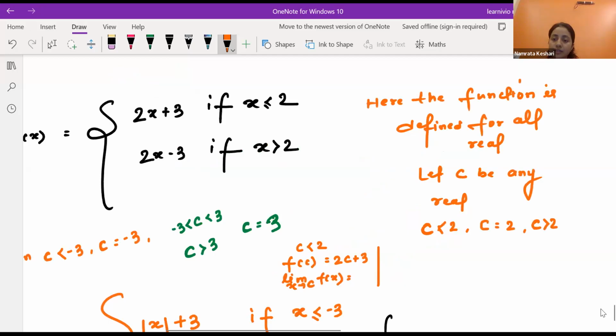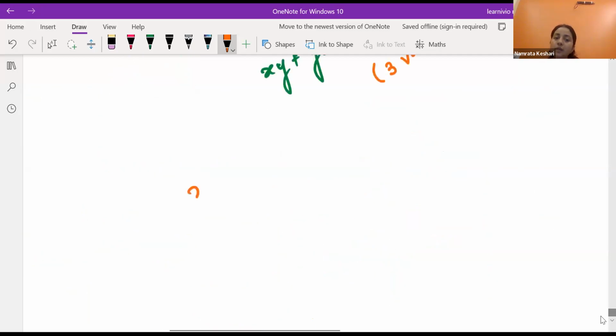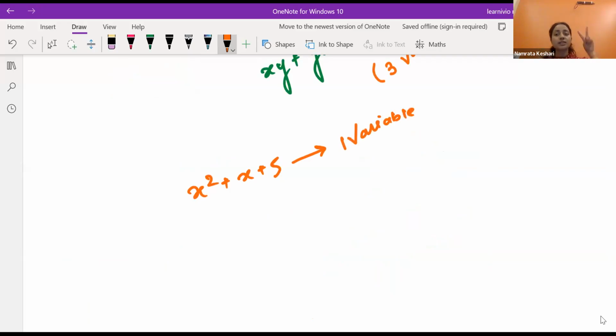So our example must look like this: x square plus x plus 5. Here we can say that only one variable is involved, that is x. One of the x is having power 2, another x is having power 1. Whatever the number of times we see x here, that doesn't matter.